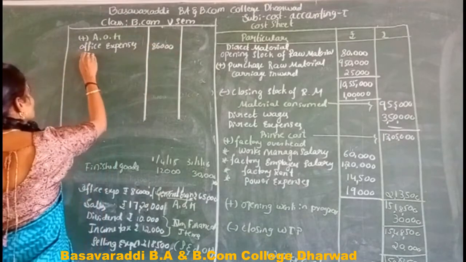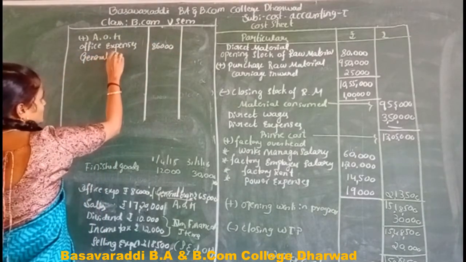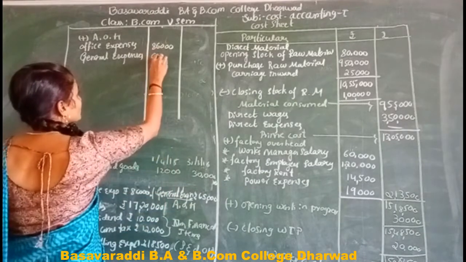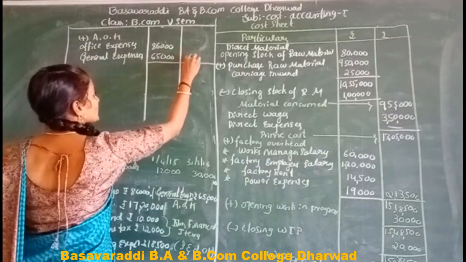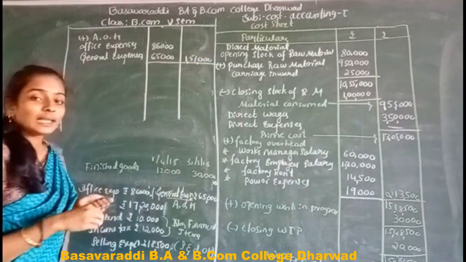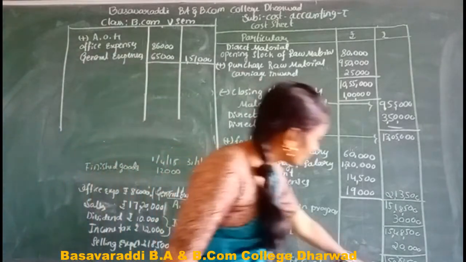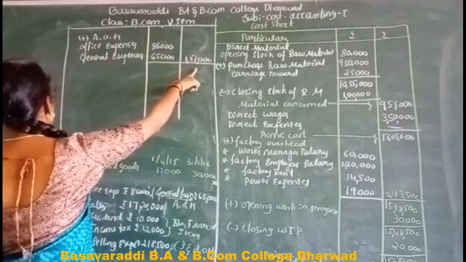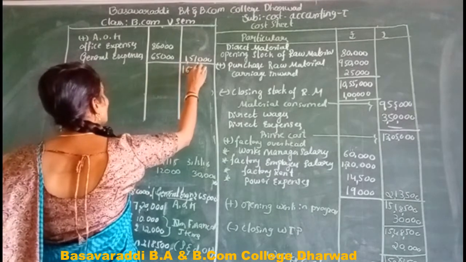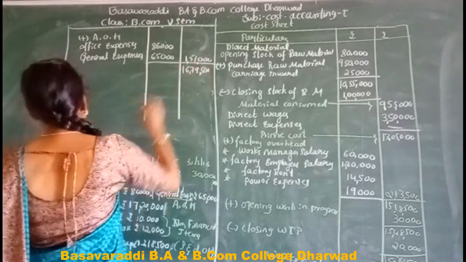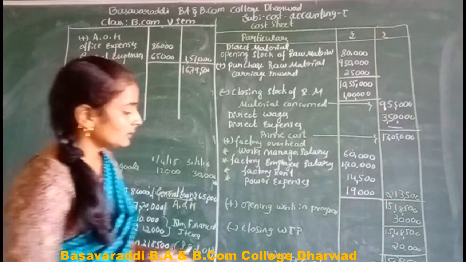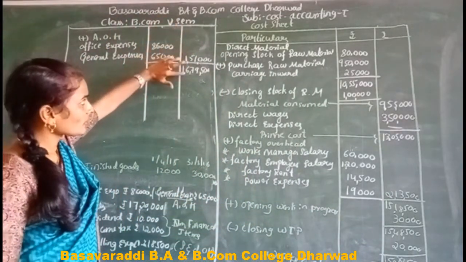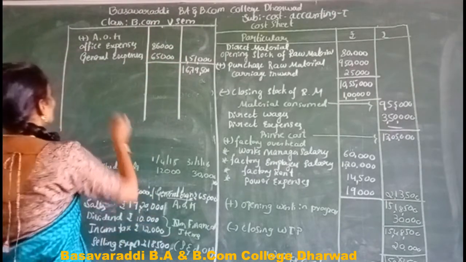Next, general expenses 65,000. Add these two: 1,51,000. 15,28,500 plus 1,51,000 is 16,79,500.